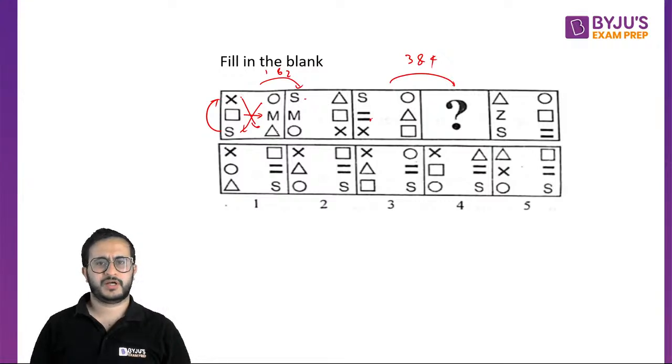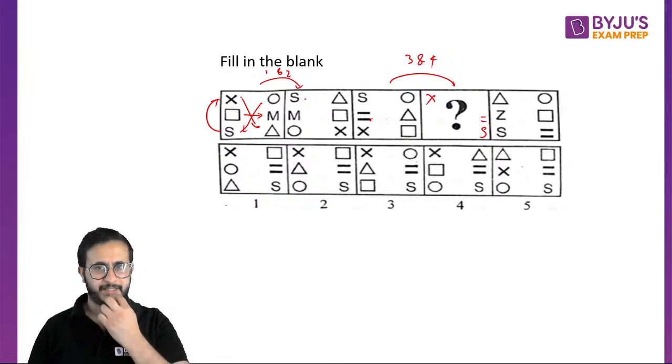Okay, this goes down, so S will go here. This goes to this side, so equal to will go this side, and then this goes up, so X will go up. This goes to the bottom this side, so O will come here.